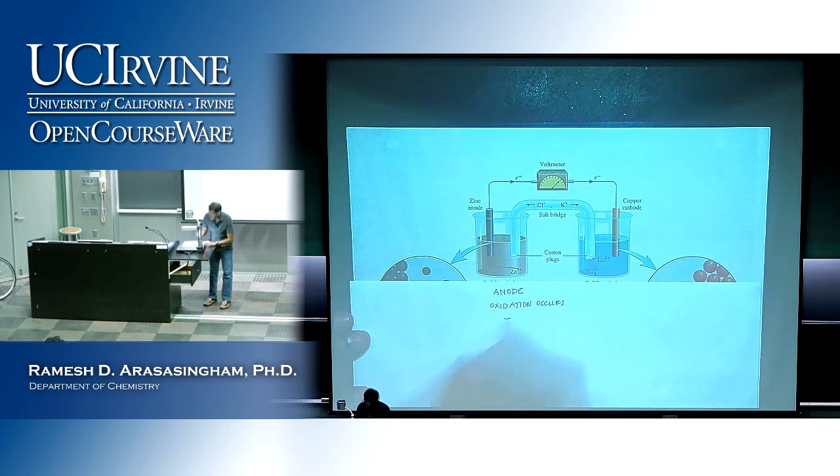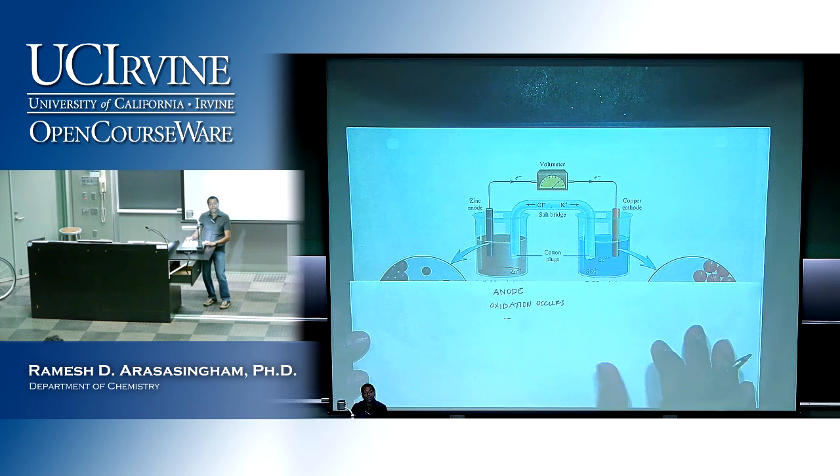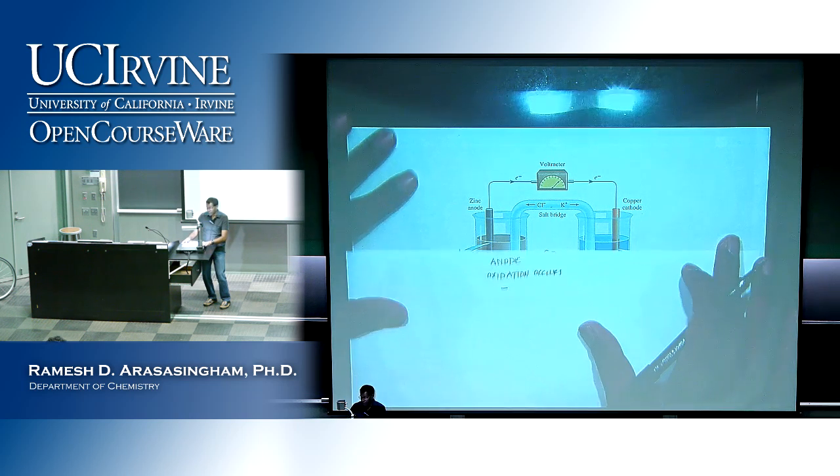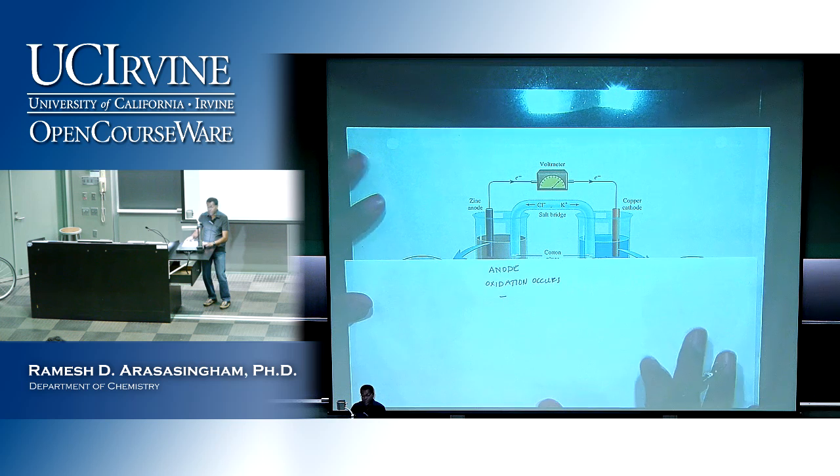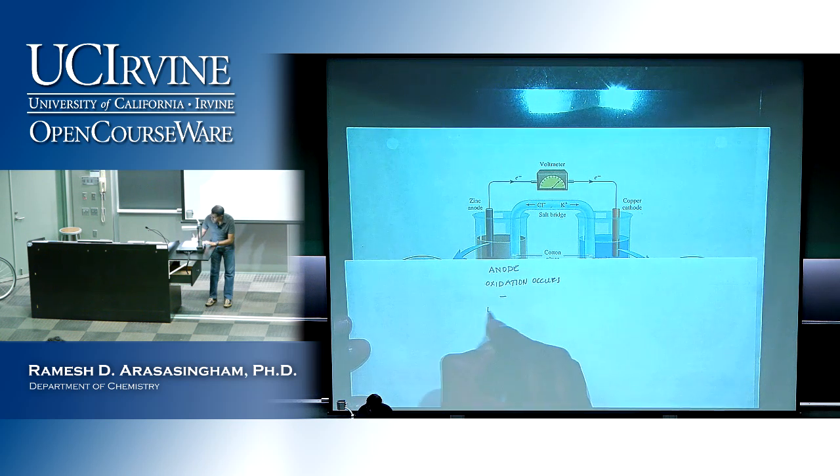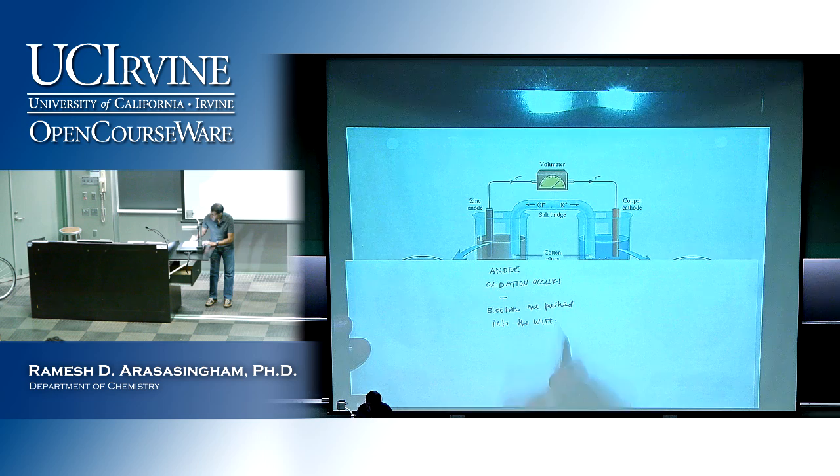And the sign for the anode is a negative sign. And what happens at the anode is electrons are pushed into the wire.